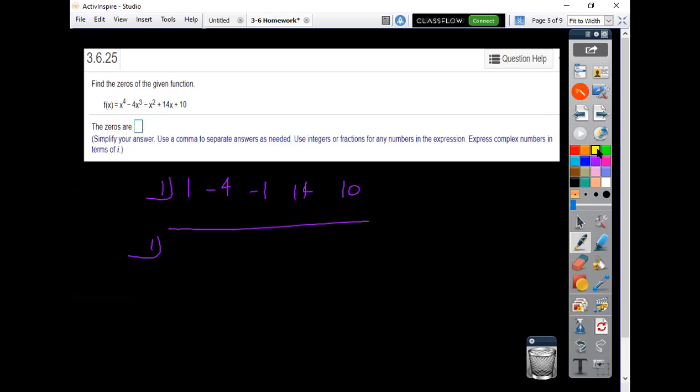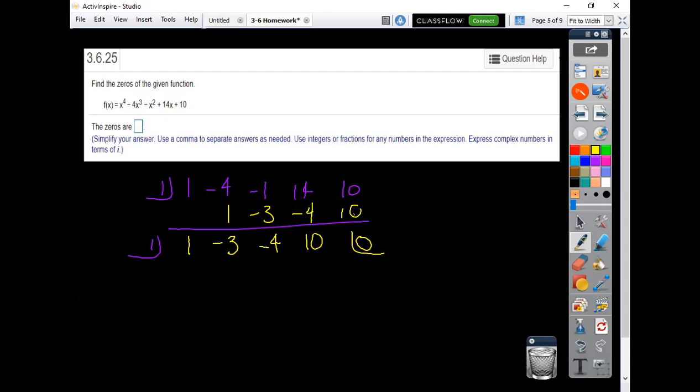So how does this go? We bring down this 1, multiply. 1 times 1 is 1, add straight down. 1 times -3 is -3, add straight down. If we do this right, this better be a remainder of 0 in the end, or we must have a mistake somewhere. So 1 times -4 is -4. We add straight down. 1 times 10 is +10.